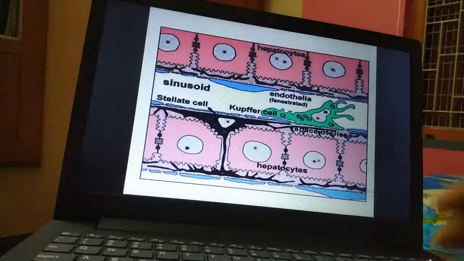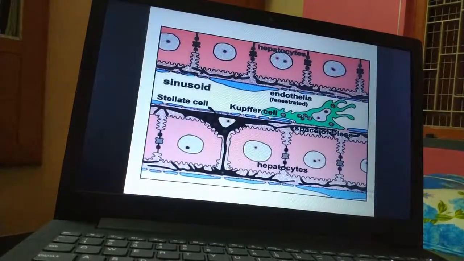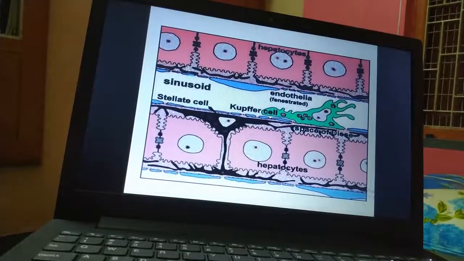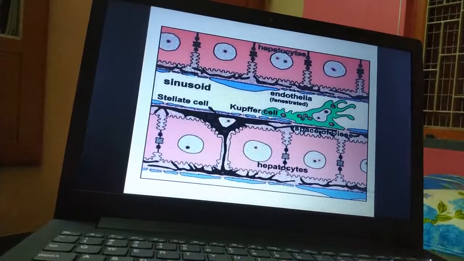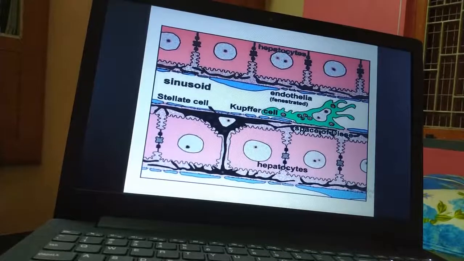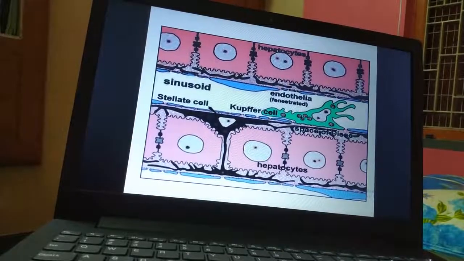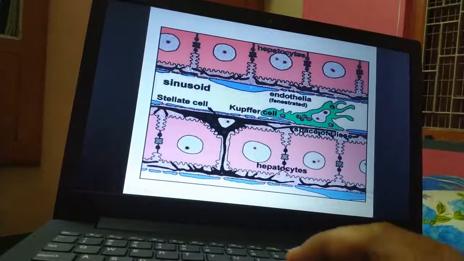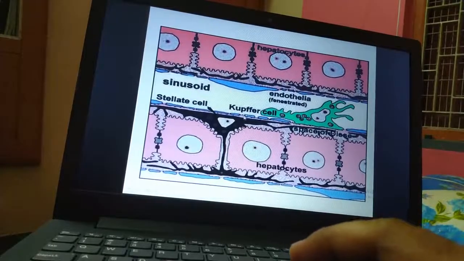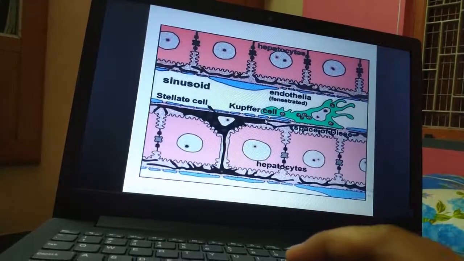Now the sinusoidal surface: the surface adjoining the sinusoids bears microvilli that project into the space of Disse. The space of Disse is a space between the endothelial cells of the sinusoids and the hepatocytes.